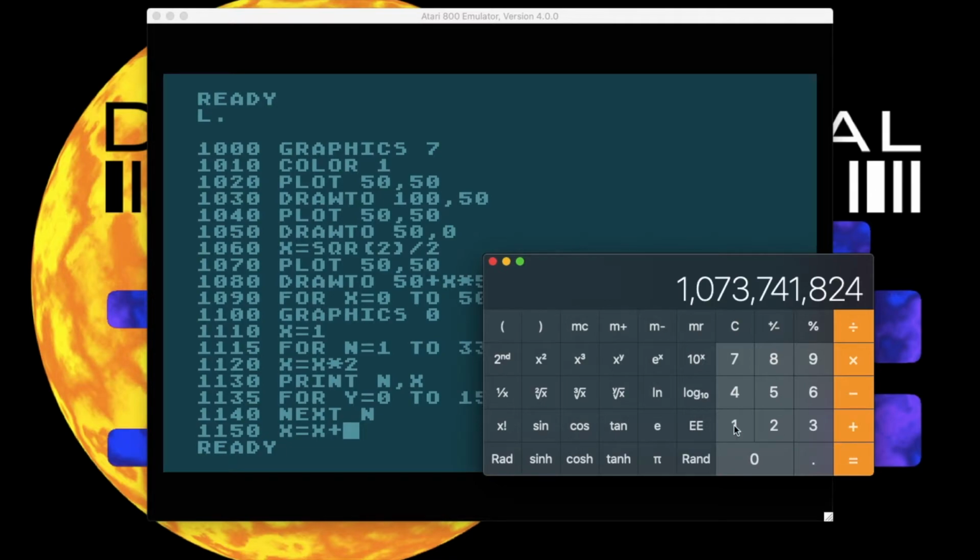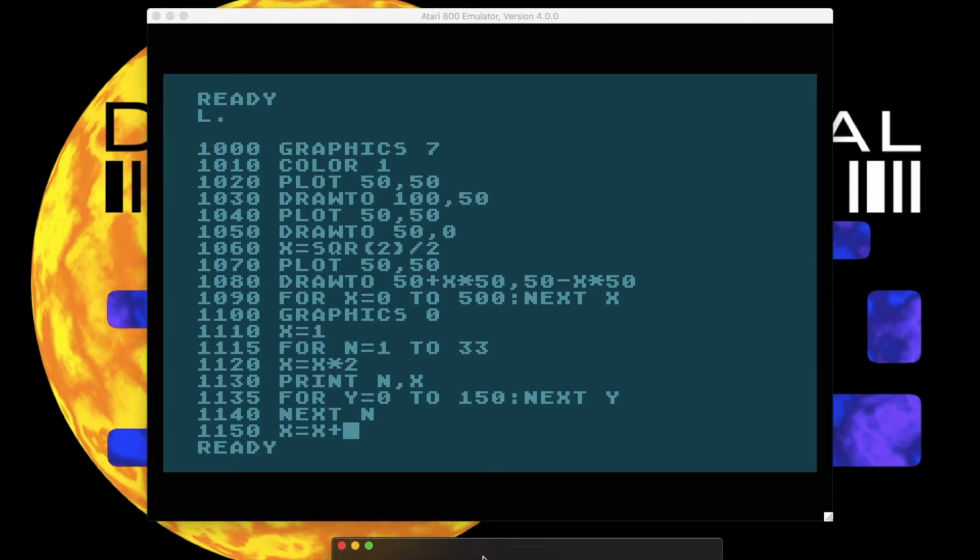So if we do x plus this number, so it's 1, 0, 7, 3, 7, 4, 1, 8, 2, 4. Then we'll just loop over that until we hit an exponent.